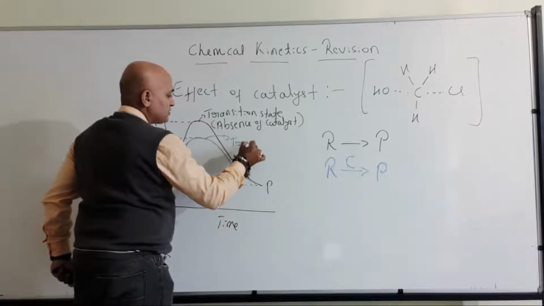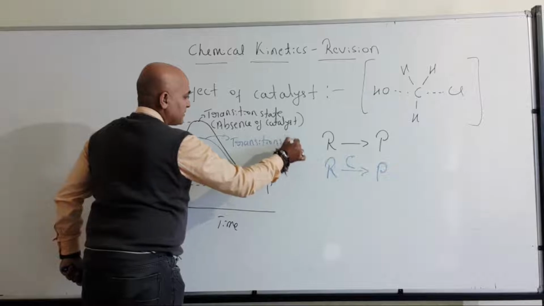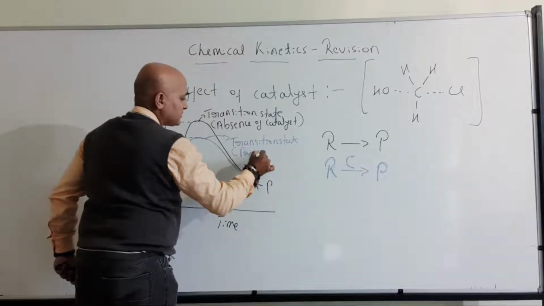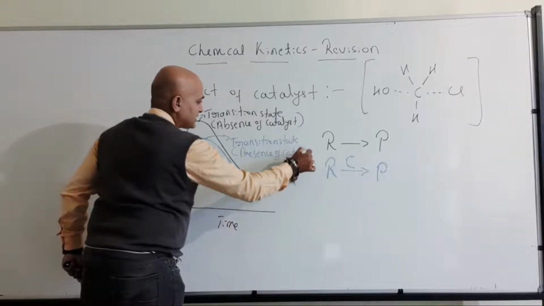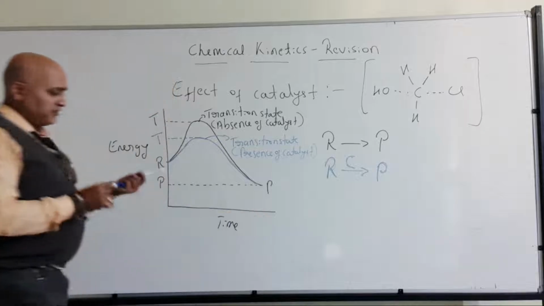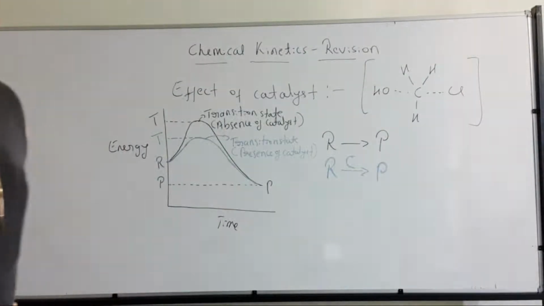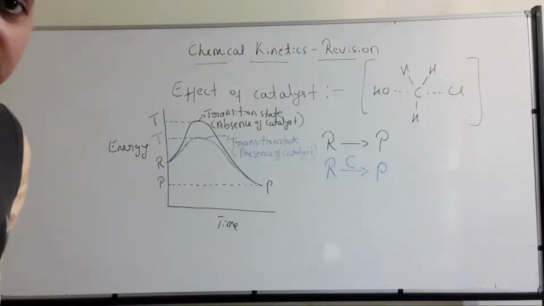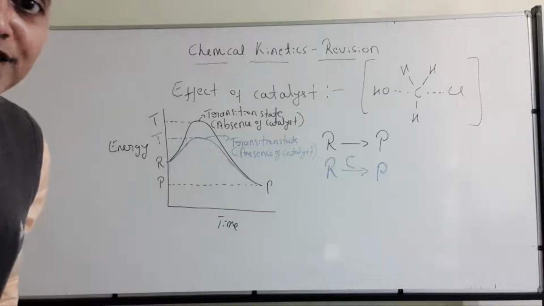So this is also a transition state, in the presence of catalyst. So what is that difference? All of you can observe. Dheeraj has written reactant. Krishna says energy of activation is reduced.